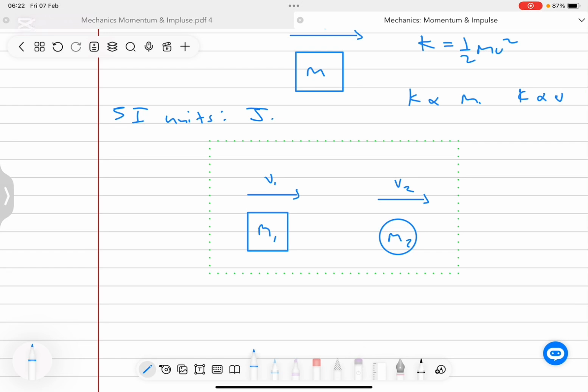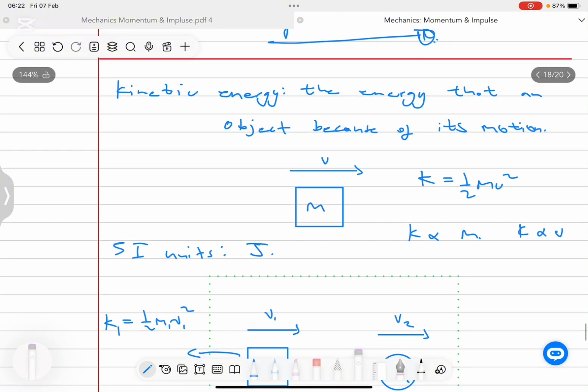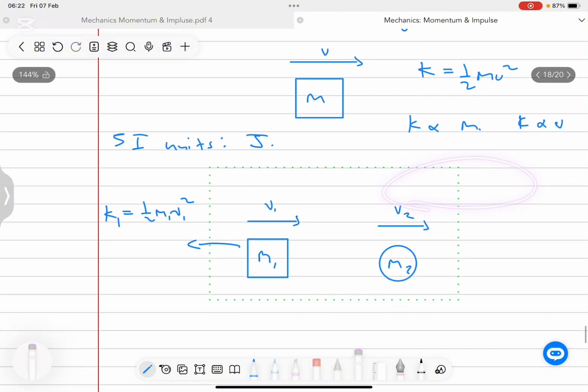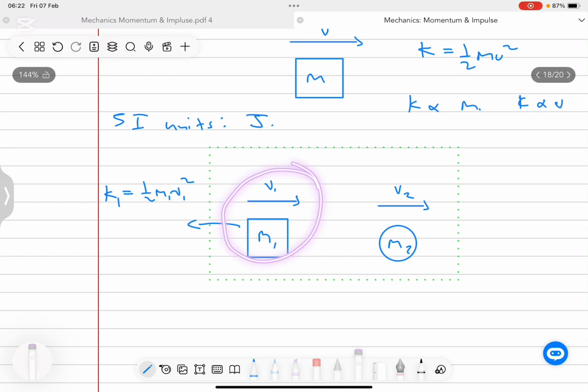Now, within this system, we do have the kinetic energy for the first object. I'll call it K1 to mean that it is the kinetic energy for the first object. It will then be defined as 1 over 2 m1 v1 squared. We're basically taking the definition of kinetic energy and using it within this system for this object.